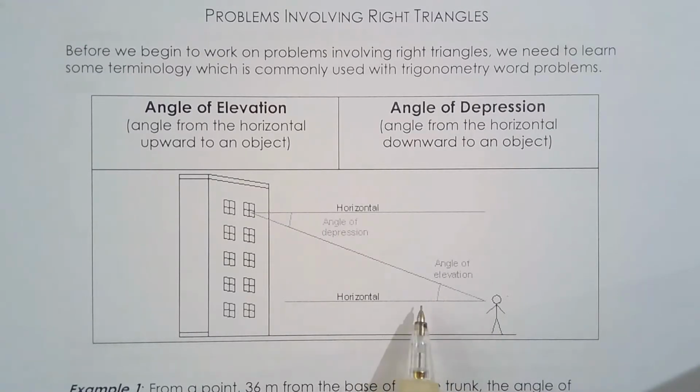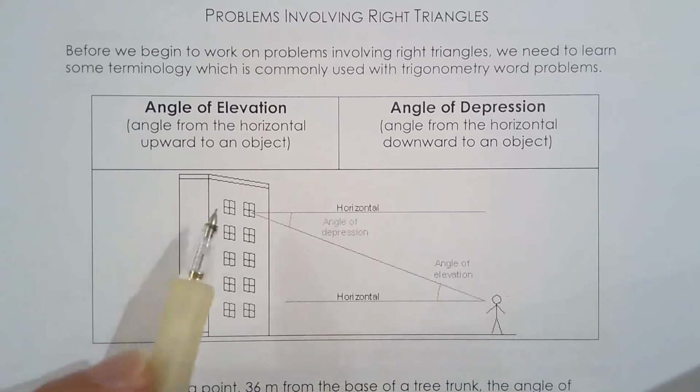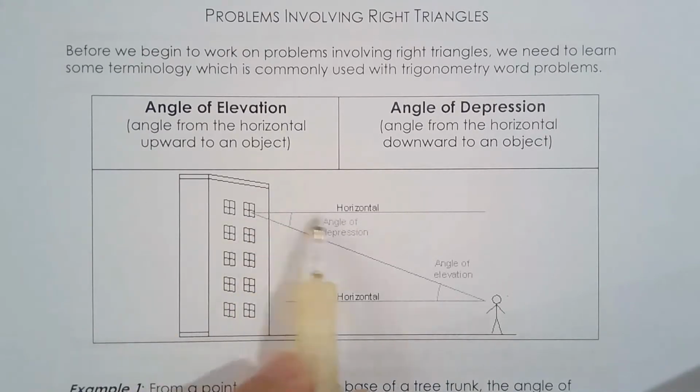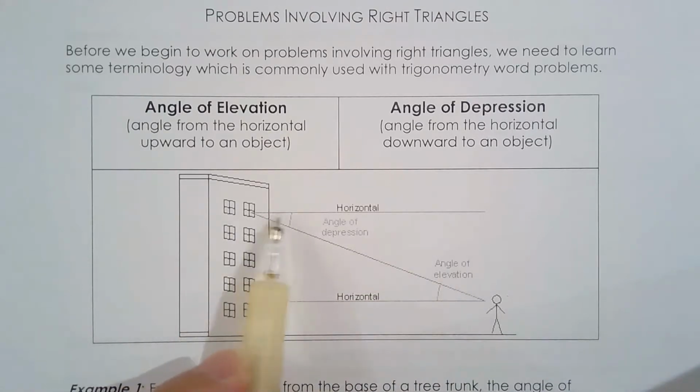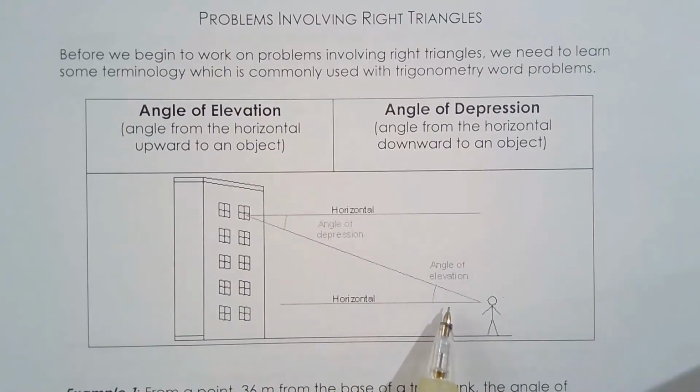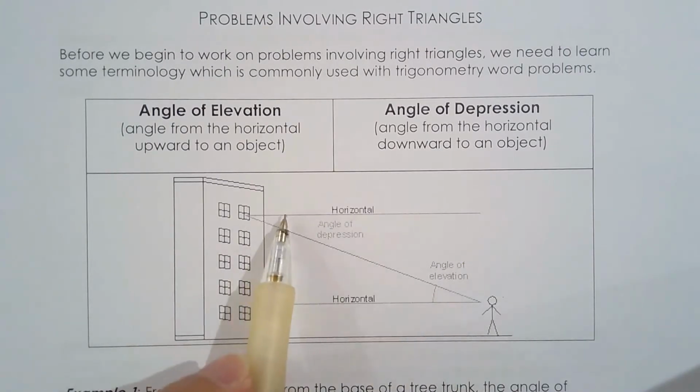And if we have angle of elevation, we can also say the angle of depression. So if someone was looking out of the window, this is the horizontal, and this is the angle of depression. Once again, the angle of depression is measured from the horizontal downward. So angle of elevation measures upward from the horizontal, and angle of depression measures down from the horizontal.